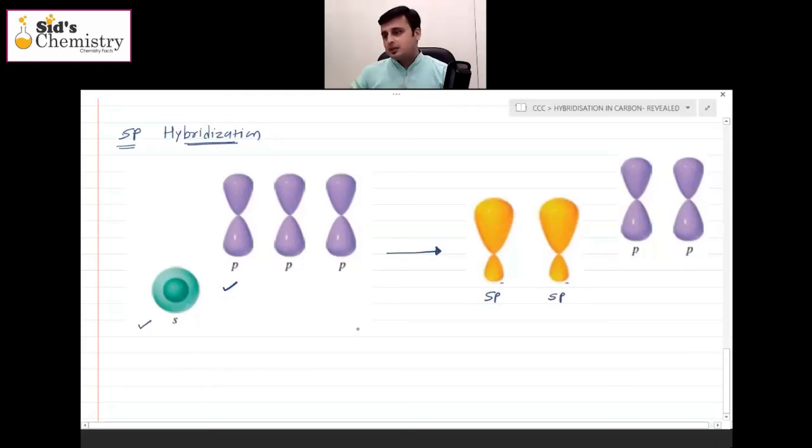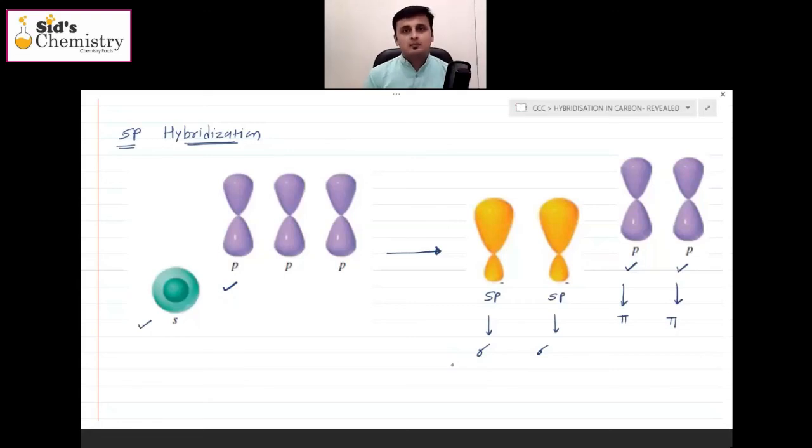You can also see that two p orbitals out of the available three remain unhybridized, and both p orbitals contribute to the formation of pi bonds, while the hybridized orbitals contribute to the formation of sigma bonds. Such cases are seen in alkynes, where at least one triple bond can be seen in organic molecules containing the alkyne functional group.